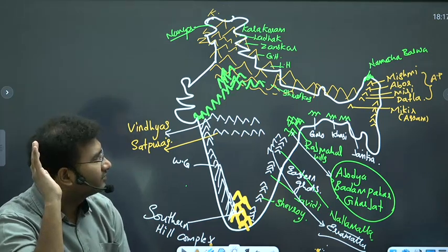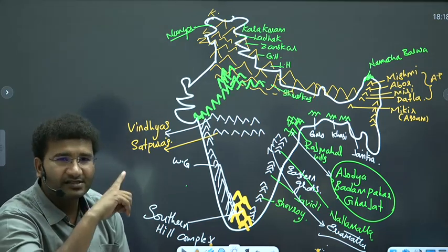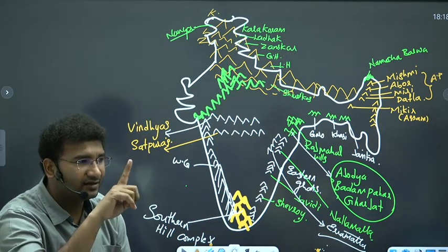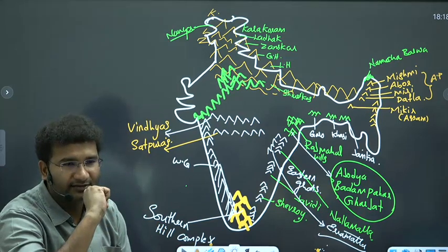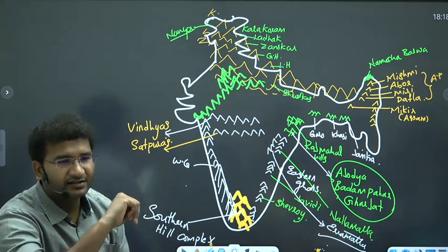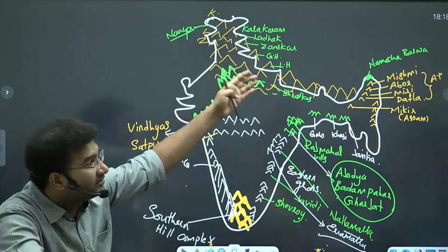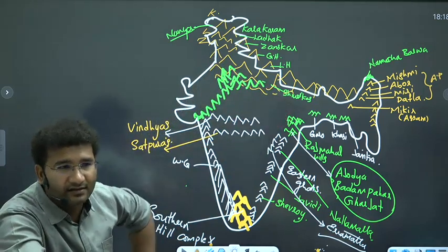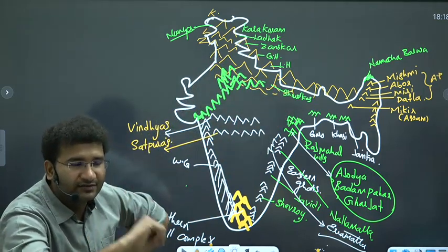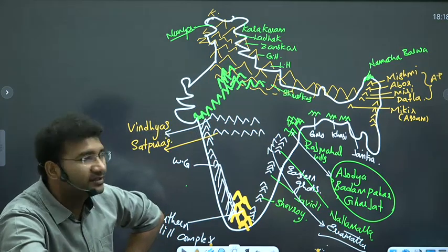So here only the Mishmi Hills are part of the Greater Himalayas, and the rest of them are not part of the Greater Himalayas. And Shivaliks are only present in the western area, but they are absent on the eastern side. Right? There are no Shivaliks on the eastern side.